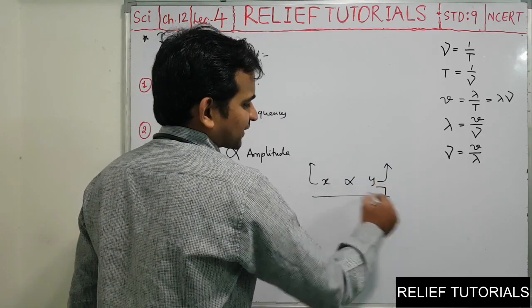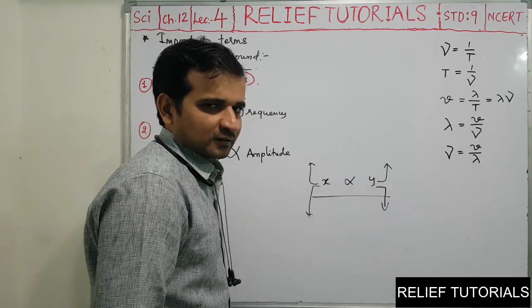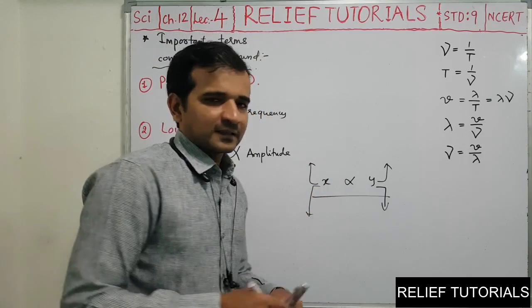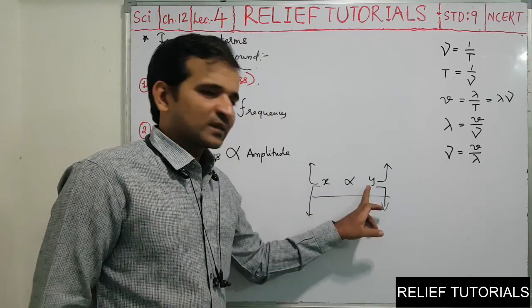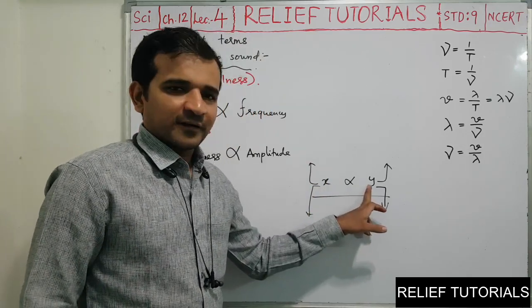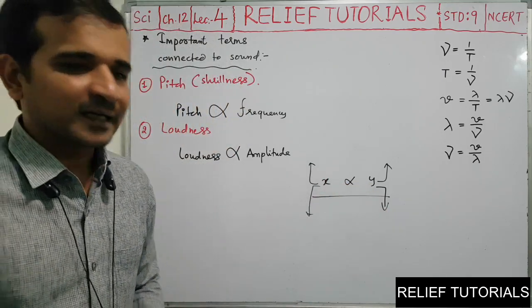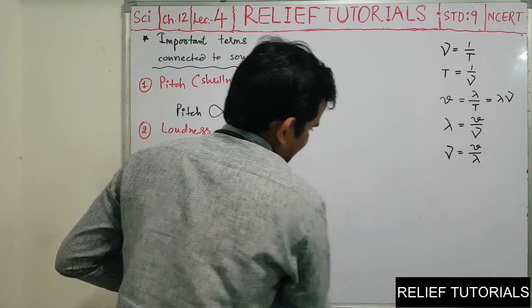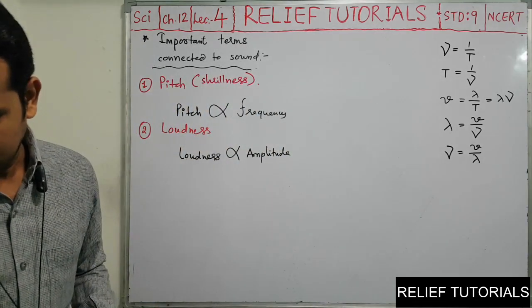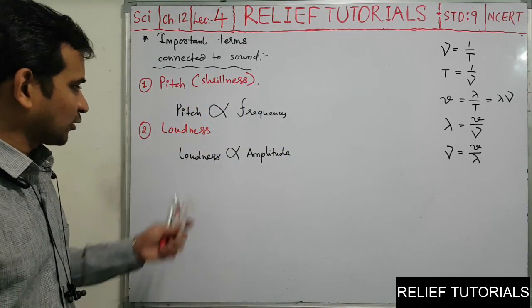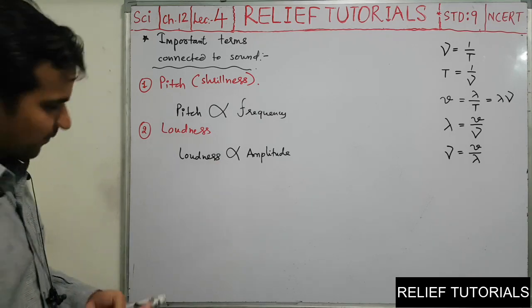As the value of y decreases, x also decreases. Whatever effect there is in one quantity, the same effect can be seen in the other. This type of proportion is called direct proportion. So the second was loudness. Loudness depends on amplitude.